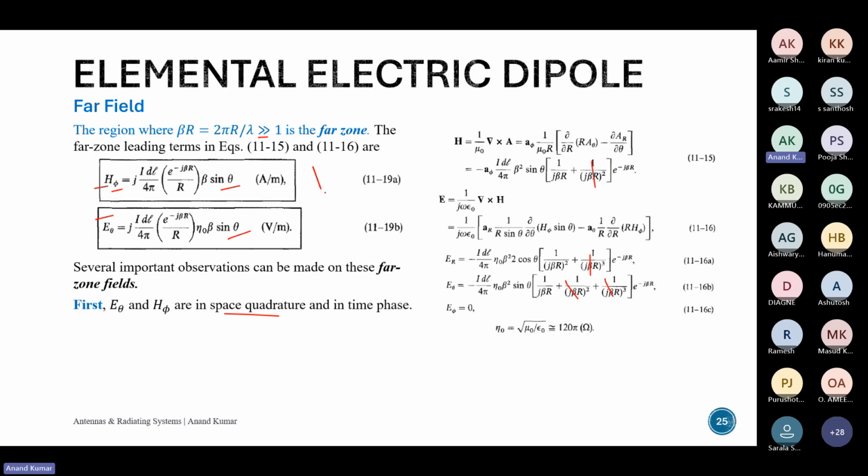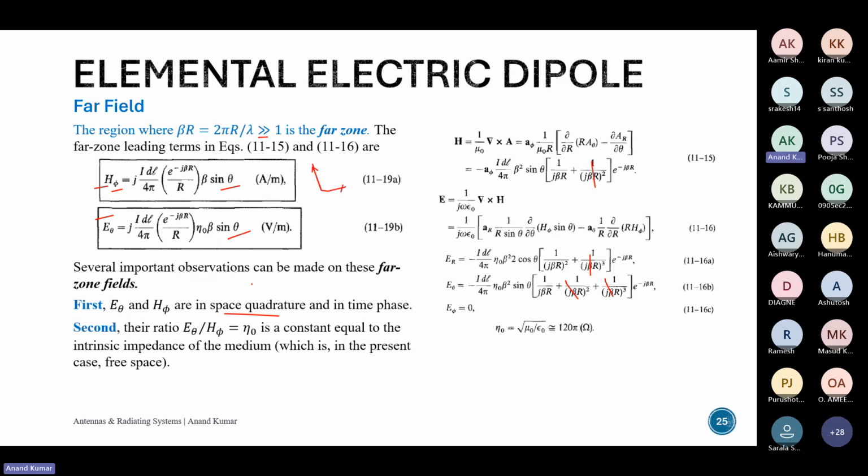So they are at an angle, is what we can observe. If you take the ratio, it will come out to a constant, which is equal to the intrinsic impedance of the medium. And in this case, this is free space.